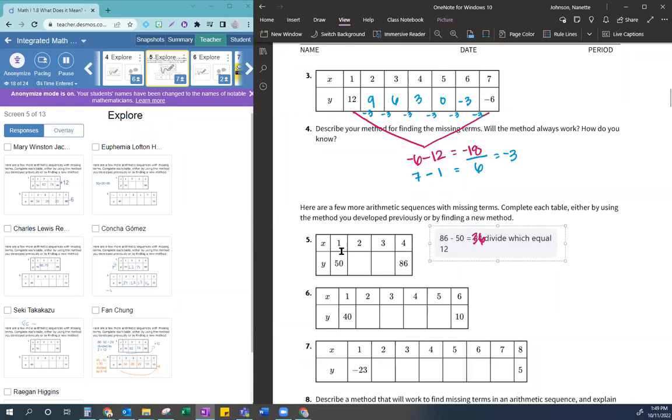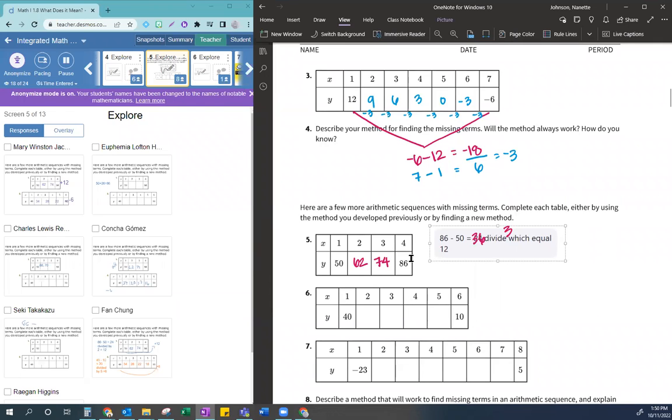How many spaces is that? Yeah, it's 3. So we divide by 3, which equals 12. That's right. They just got too excited about writing the answer. So then we got 12. So then you want me to add 12 each time, Ms. Johnson? Yeah. So 62, 74. Yep, lands me at 86. No, you're good.